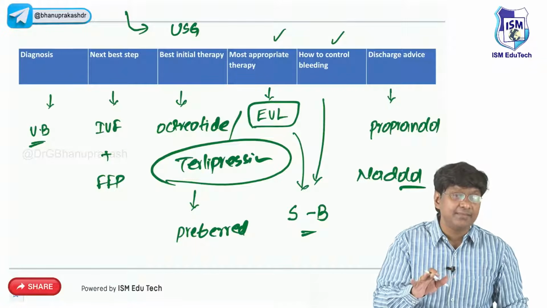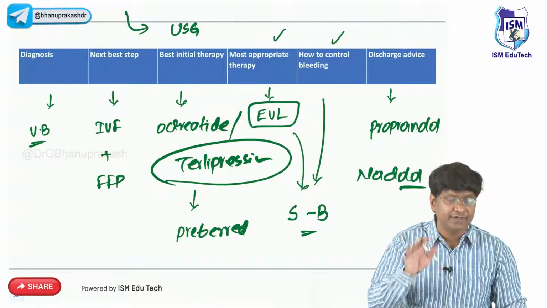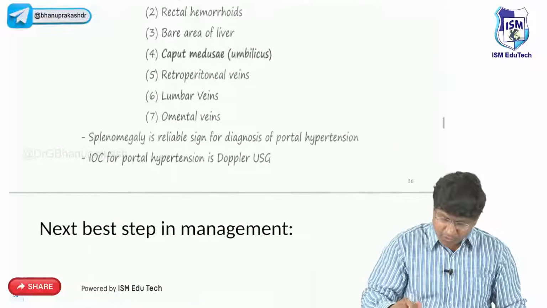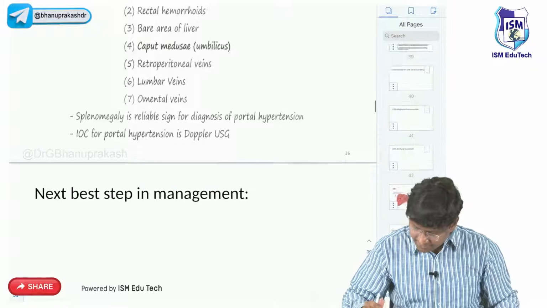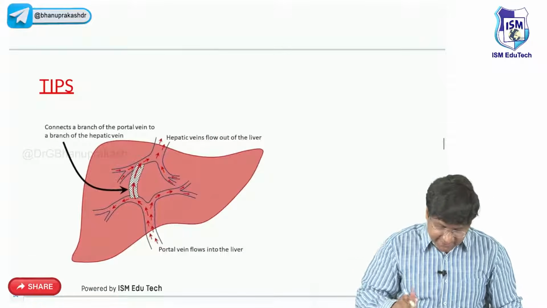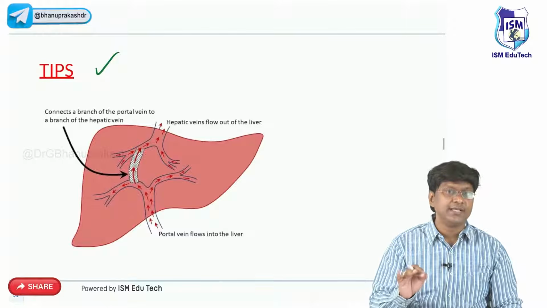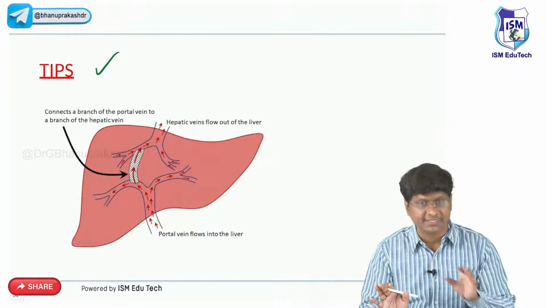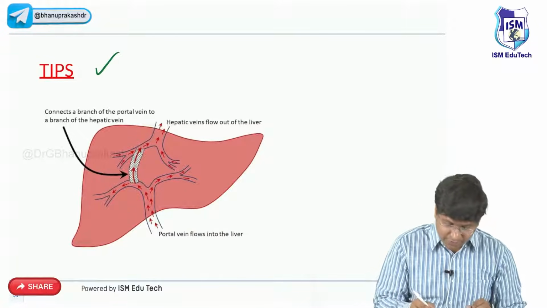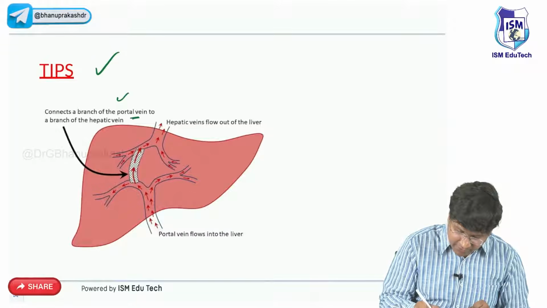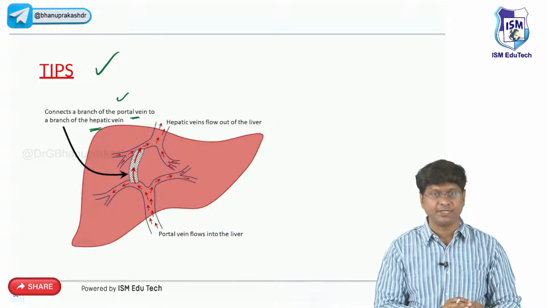Another important treatment option, if the individual is having recurrence, is what is called TIPS. So what exactly is TIPS? TIPS is nothing but transjugular intrahepatic portosystemic shunt. Here you connect a branch of the portal vein to a branch of the hepatic vein.